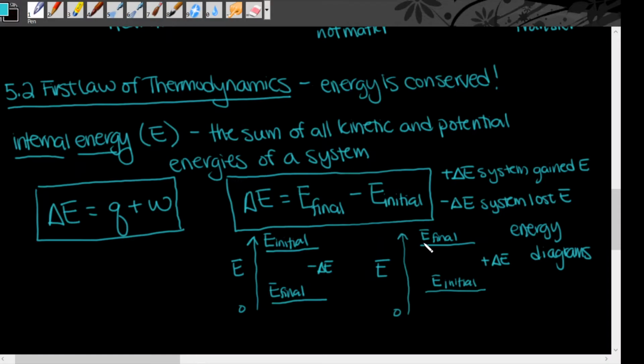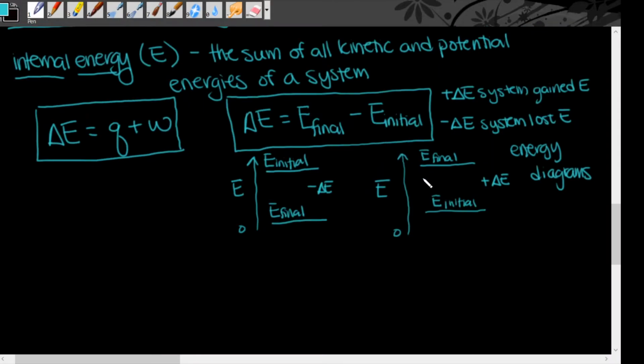Okay, now, when you have something like internal energy, where it doesn't matter how the system got there, like it doesn't matter if all of this energy was transferred as heat or if all of the energy was transferred as work, all that matters is your initial and your final states. Variables like that are called state functions.